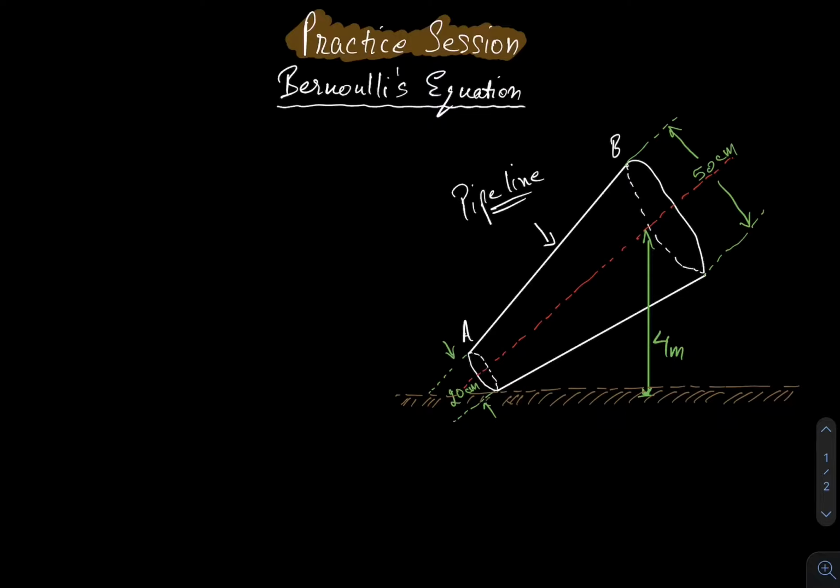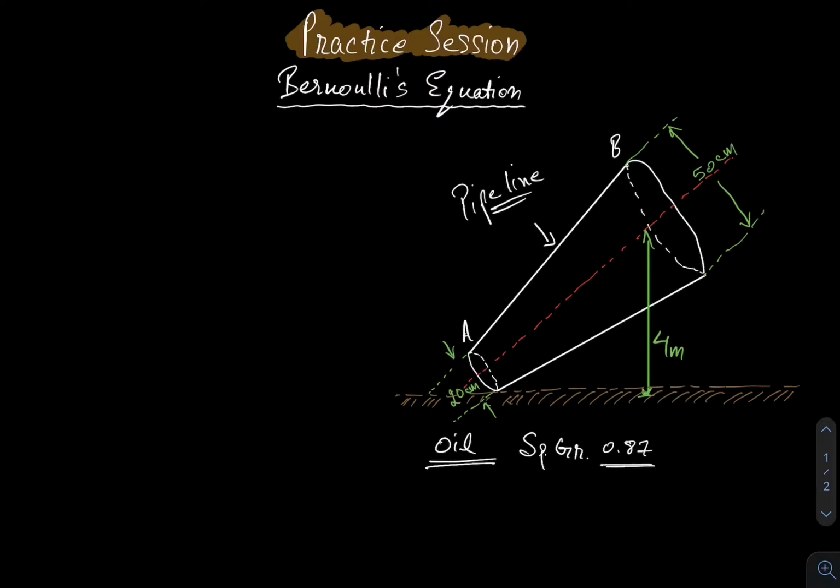Okay, and we are given that oil is flowing through this pipe. Okay, this is basically an oil pipeline, and the oil has a specific gravity of 0.87.